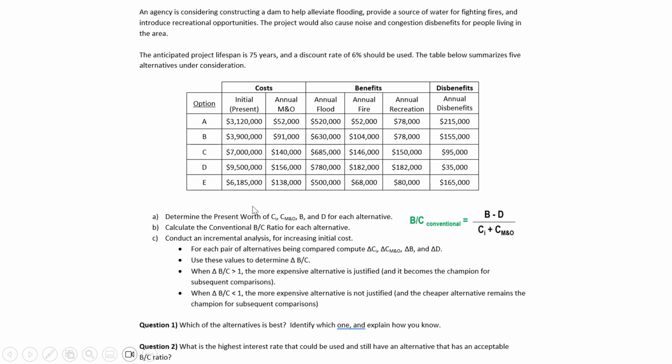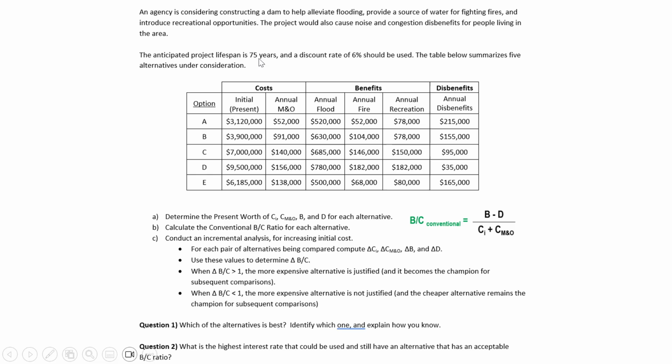Okay, so the first thing you're going to have to do here is find the present worth of the initial costs. That's already a present value. But you'll notice everything else is in annual terms. The maintenance and operation costs are annual. The benefits, you can add those all together. And then you're going to find the present worth of all of the benefits and the present worth of all of the disbenefits.